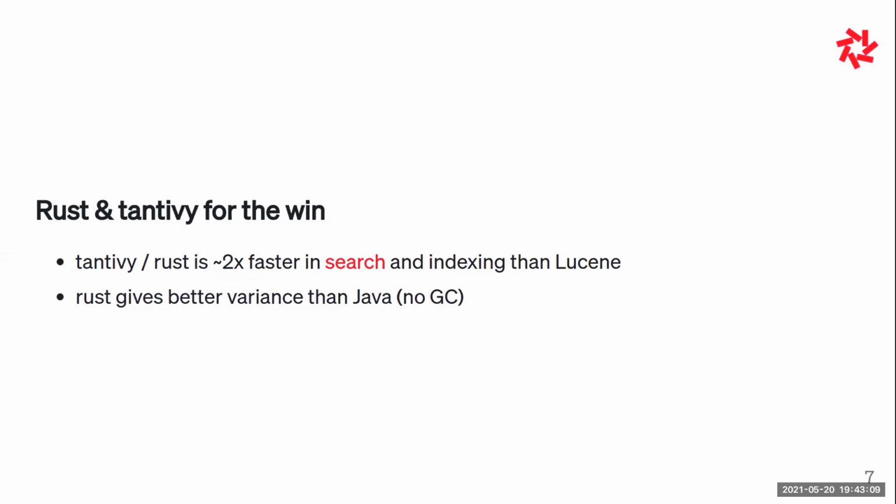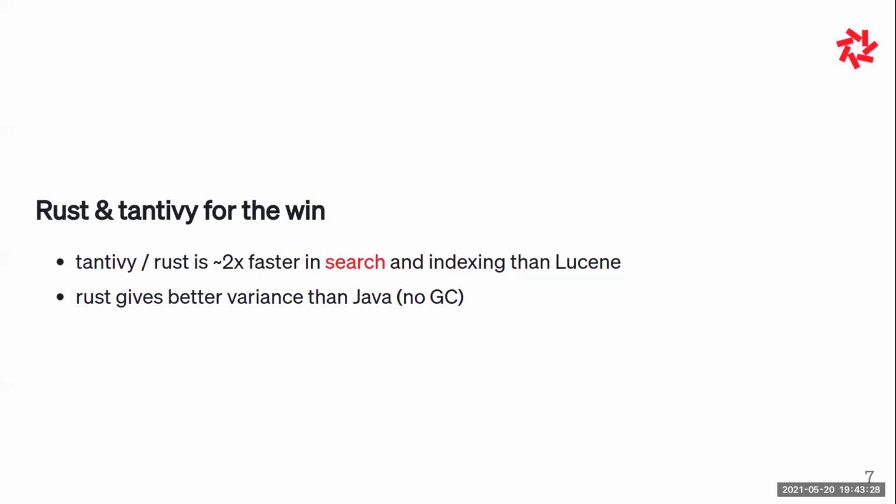Also, Java has a GC. GC is nice when you want to maximize your throughput, but in a distributed search setting, usually you dispatch your query among different nodes, and your query time will be as slow as the slowest of your nodes, right?